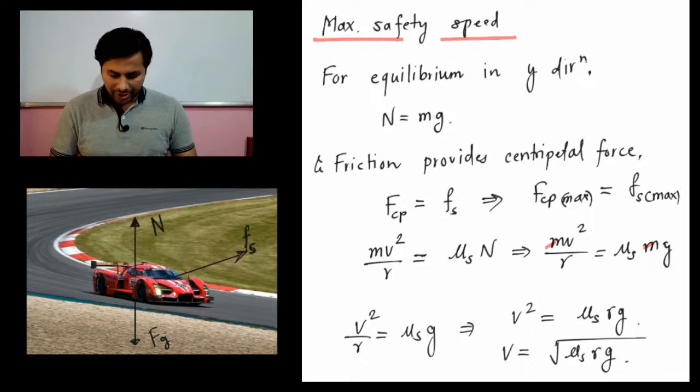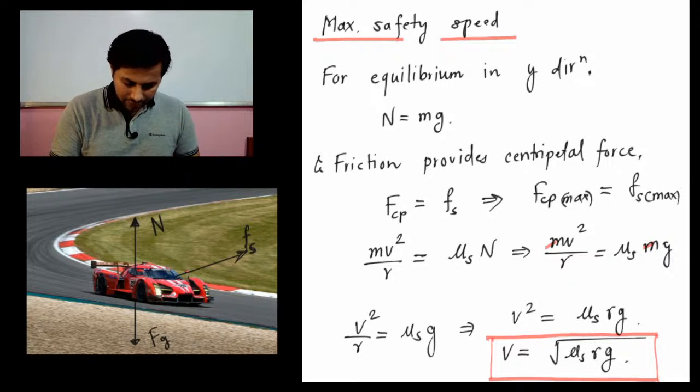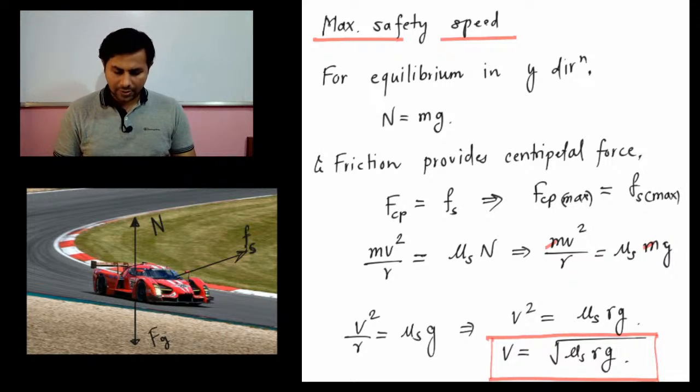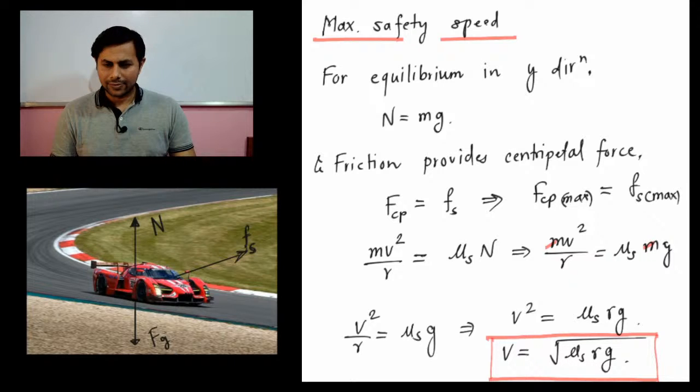So this is the safety speed limit for a curved road: V equals the square root of mu rg. So I hope this is clear. Okay, good.